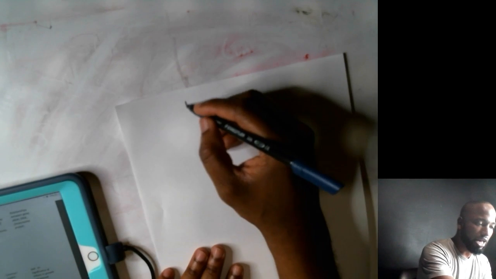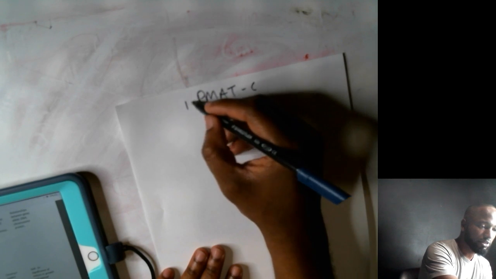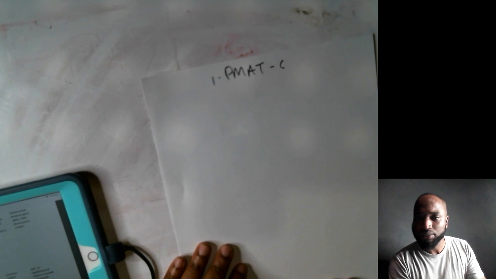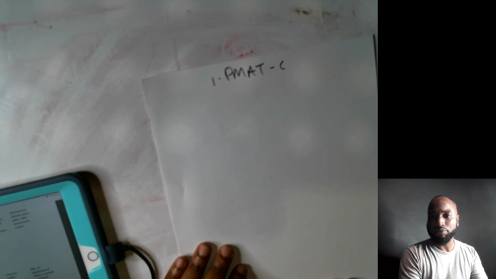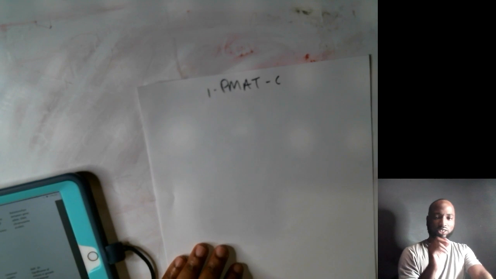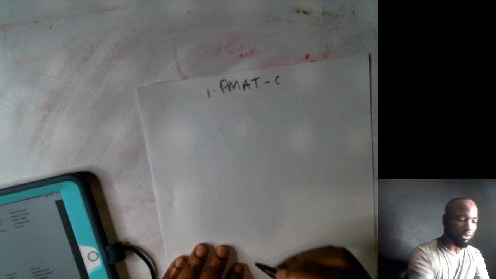Because remember it is I P mat C. We used to remember it P by spindle fibers start forming, yeah. Spindle fibers start forming. No, but there was something and I know we were told this in school, that we used to use that P letter to help remember something.